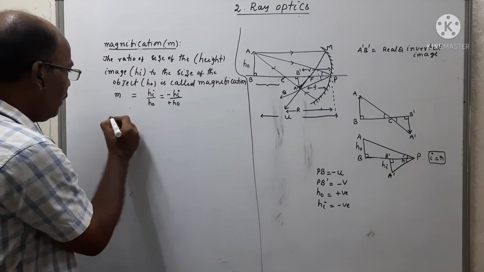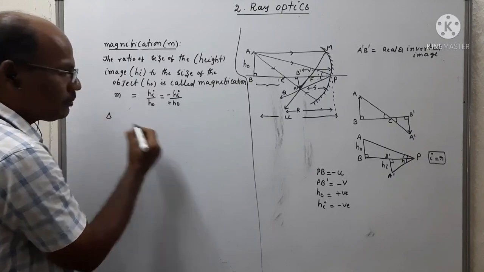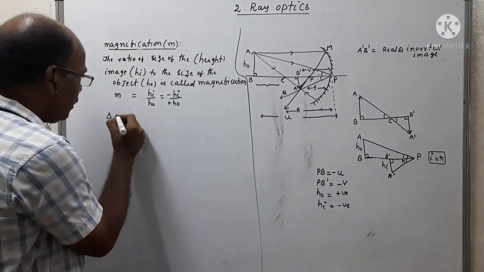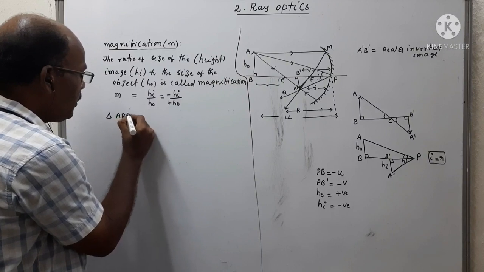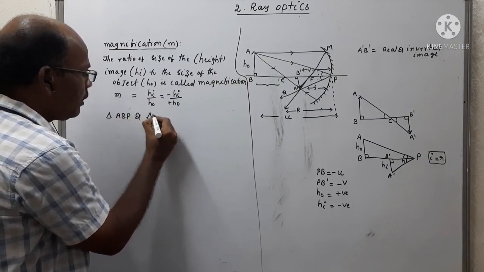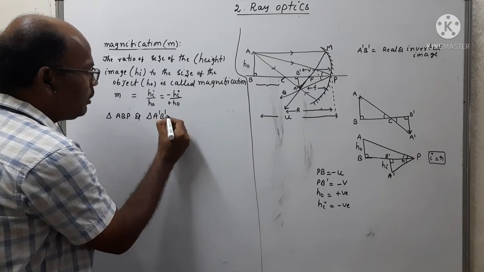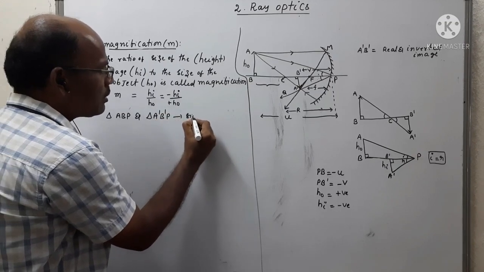Take the two triangles, ABP and A dash B dash P, which are similar.